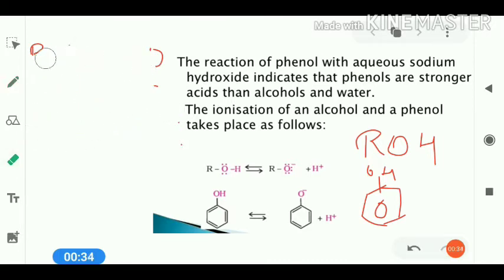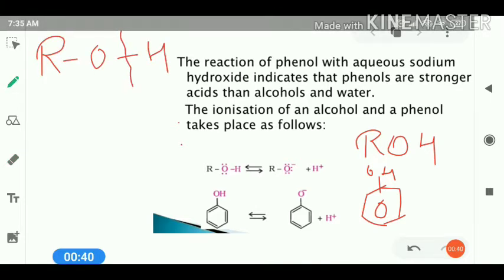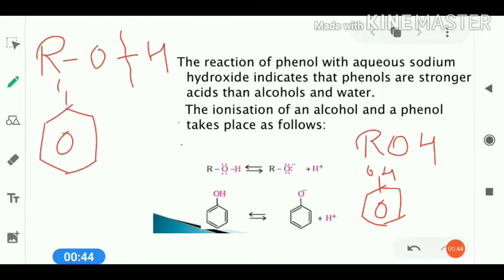When we talk about the acidic nature, in both cases we know that there is a breaking of the OH bond, in case of alcohol also, in case of phenol also. So alcohol forms alkoxide and phenol forms phenoxide. So here formation of alkoxide ion and here formation of phenoxide ion.